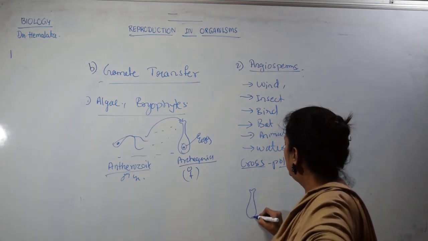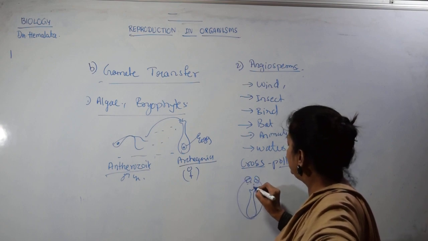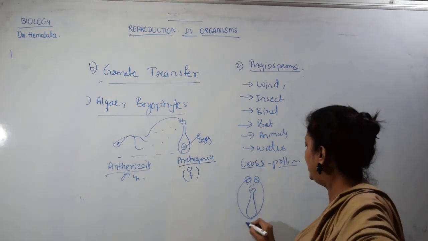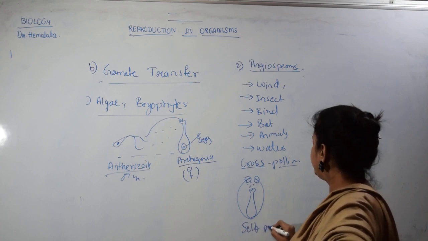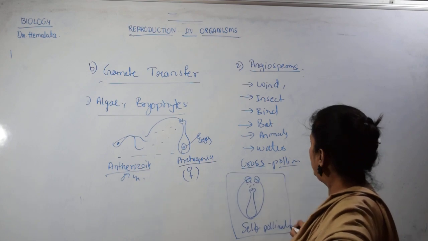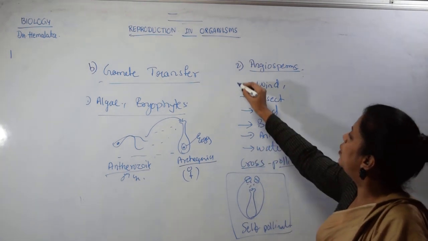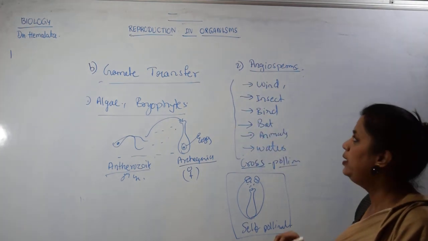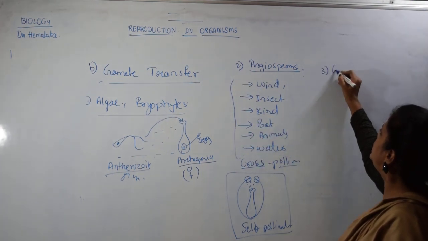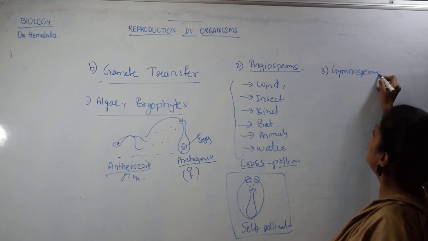If this is a gynoecium, here is an androecium. Anthers are like this. They produce pollen grains, and they fall on the stigma. This is for self pollination. They just transfer from one part to the other easily because of the structure. Only in cross pollination are all these vectors required, right? Then if you think of the gymnosperms, you should know one wonderful thing.